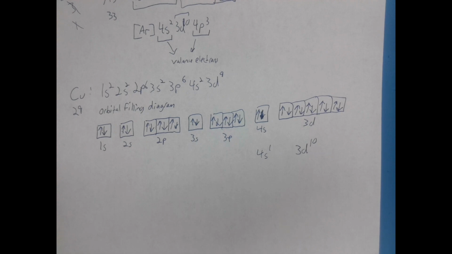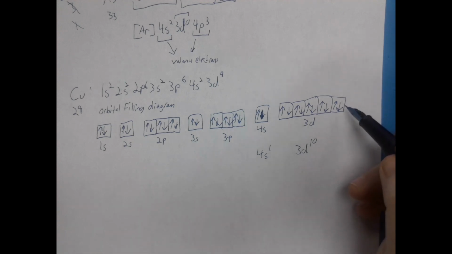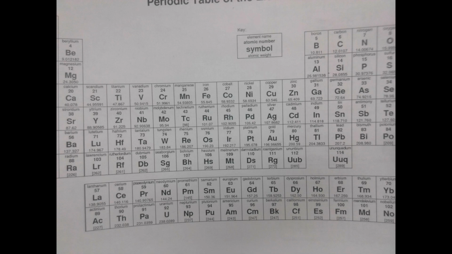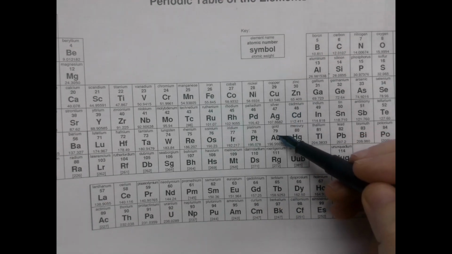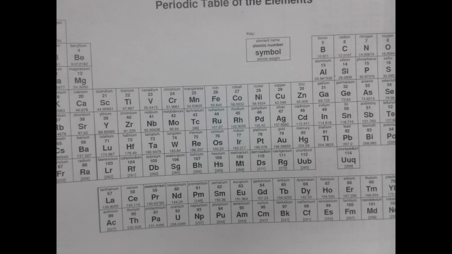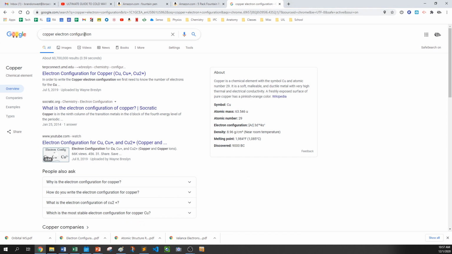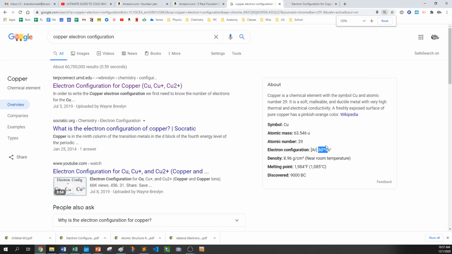As I said, you don't have to do these exceptions. You don't really have to memorize them. Copper is an exception. And usually anytime you see the d at 9, for example, silver is going to be 9, gold is going to be 9, these usually follow exceptions. Let's look up copper's electron configuration. So we see 3d10, 4s1, so that's an exception.